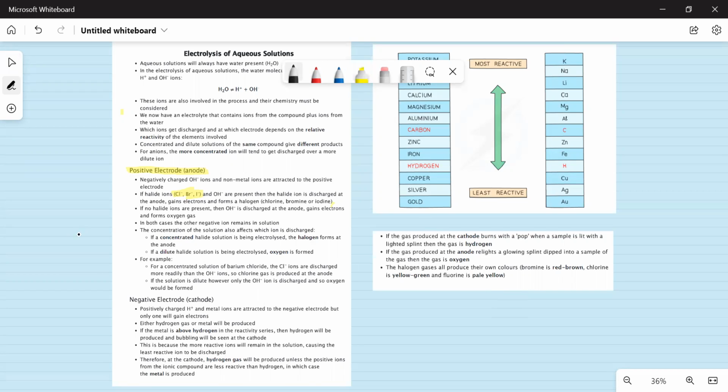Remember the first point. My dears, can you take the heading: selection criteria of ions.